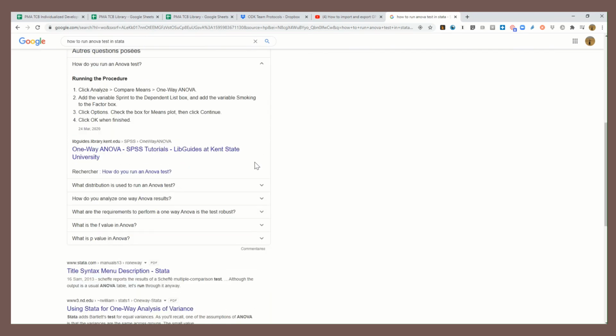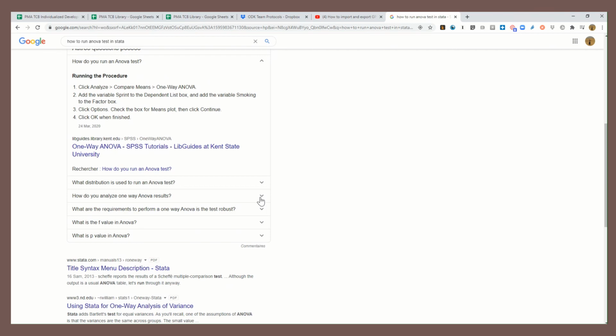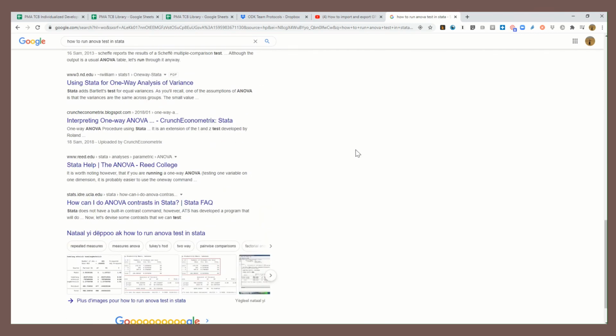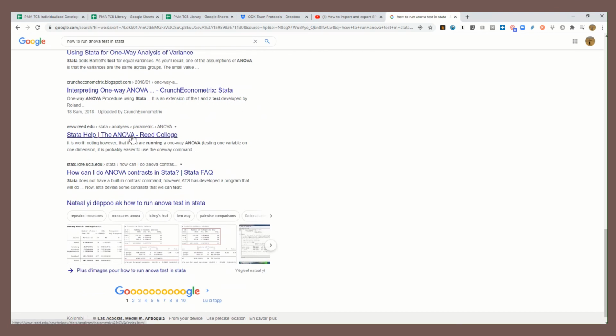How do you run an ANOVA test? How do you analyze one-way ANOVA results? So here I can keep going through. Stata Help seems like it might be good. EDU is usually a school or a university.